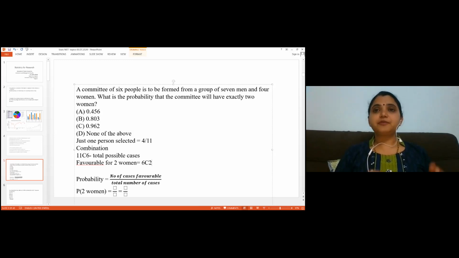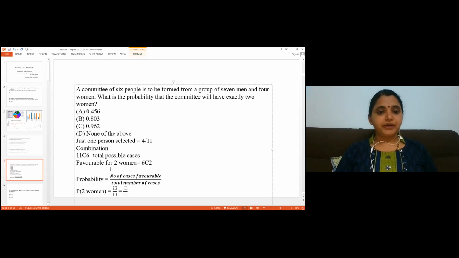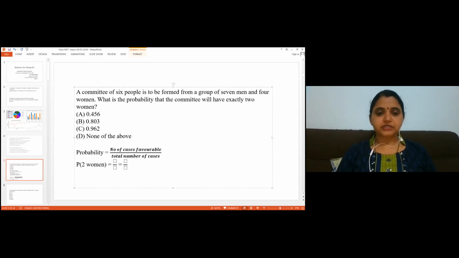Suppose I am calling the women A, B, C, D, E, F. By the term combination, I mean AB, AC, AD, AE, AF, BC, BD, BE, BF, CD, CE, CF, DE, DF, EF. This is the meaning of combination. I hope I've explained it okay. Now let me erase all this so that space will be sufficient for us. So let's proceed to the answer.